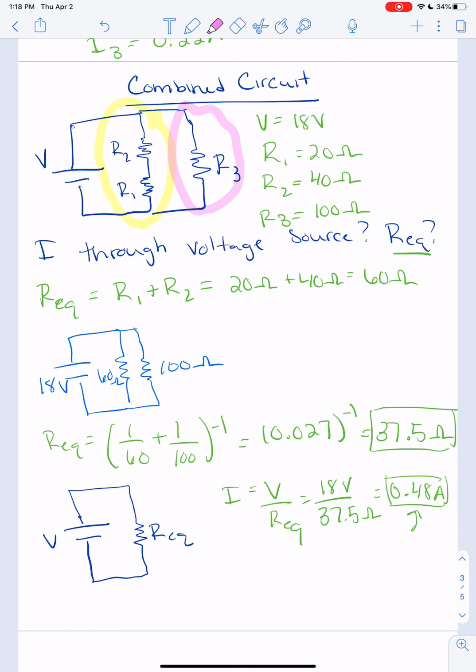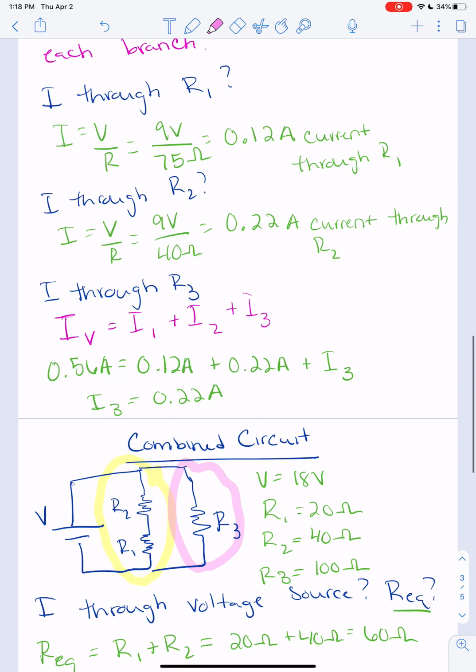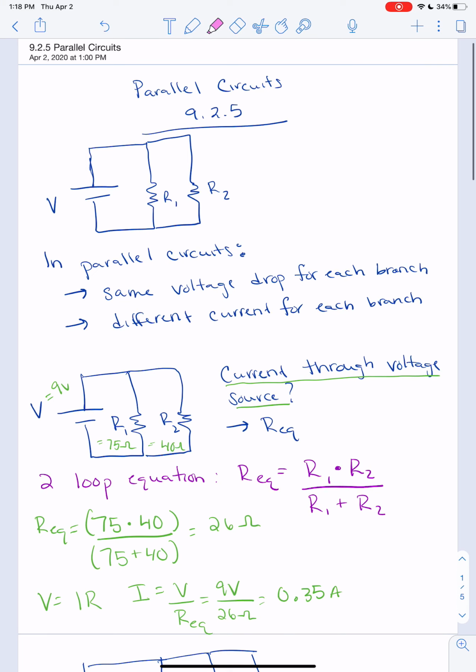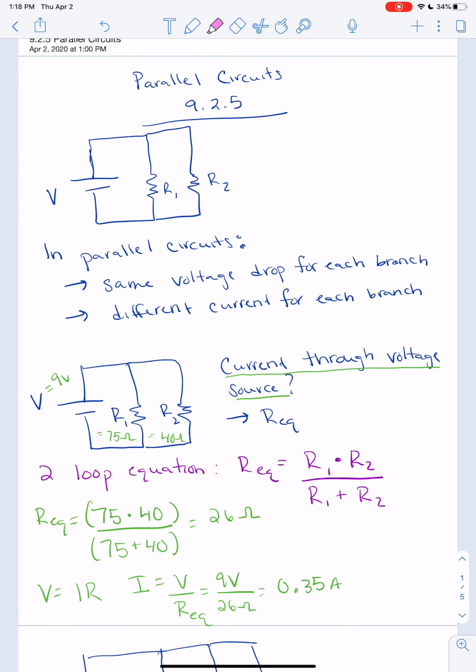So in this video, I went over problems involving parallel circuits. First we talked about the simple case where we would just have two resistors in parallel, and we would use this equation here.